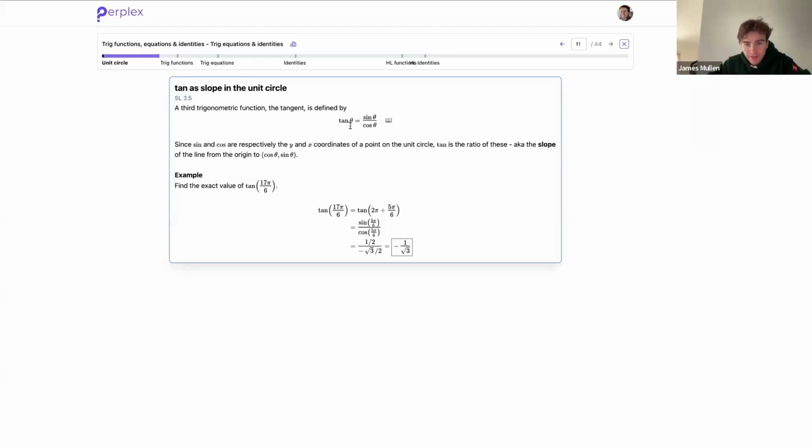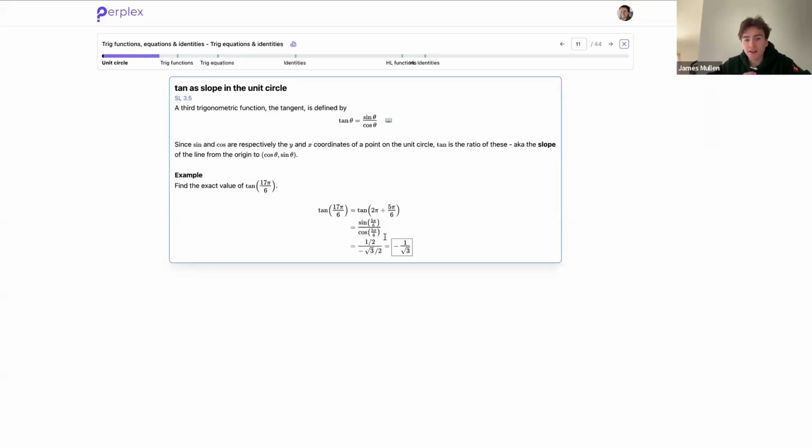But let's do an example. If I'm looking for tan of 17 pi over 6, I can use the same rules for periodicity, right? Because if I add 2 pi and sine and cosine don't change, then tan can't change because neither sine nor cosine have changed. All right, so I remove 2 pi, so I take out 12 pi over 6, and I'm left with tan of 5 pi over 6. And according to my definition up here, that's sine of 5 pi over 6 divided by cos of 5 pi over 6.